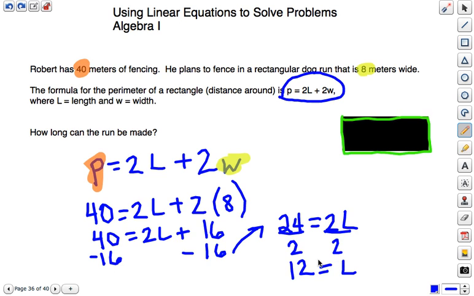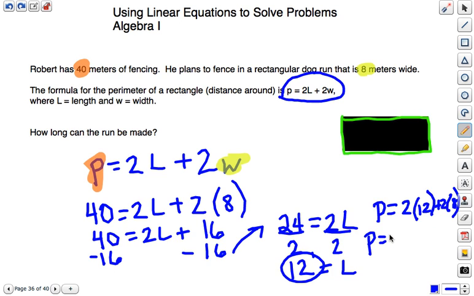So that's how long it could be made. Now we could just make sure that that is correct by substituting 12 into our formula. So let's check our work really quick here. So P equals 2 times L, which is 12, plus 2 times 8.